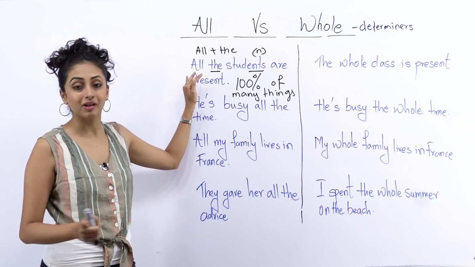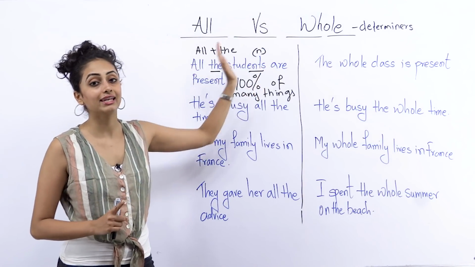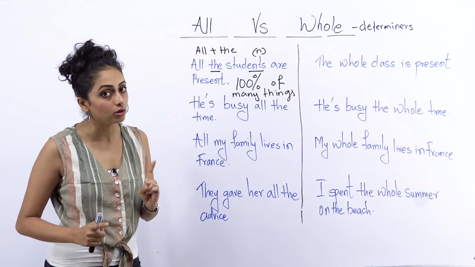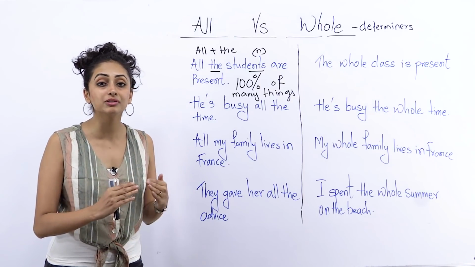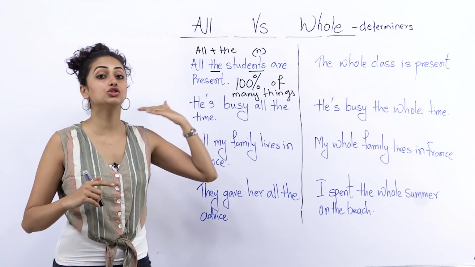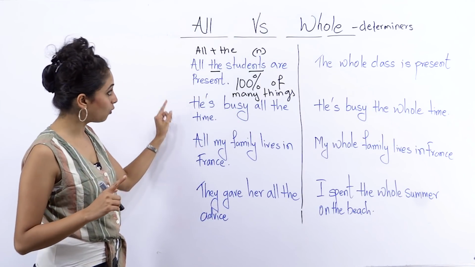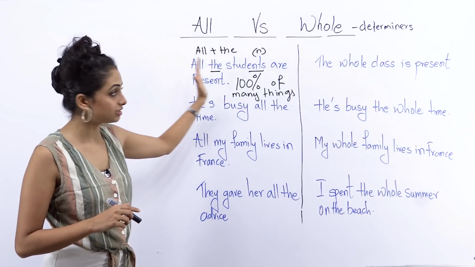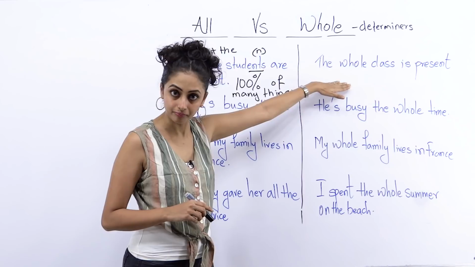All plus article and then noun. This is how you would remember the use of all. It is 100% of many things. One student, many students.